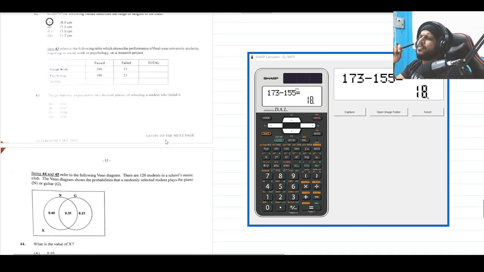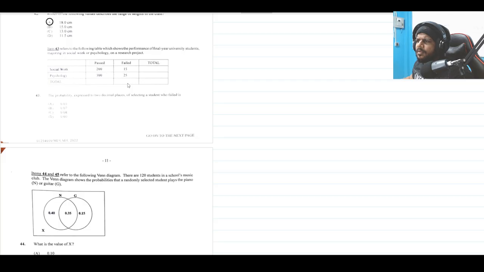Item 43 refers to the following table, which shows the performance of final year university students majoring in social work or psychology on a research project. The probability, expressed to 2 decimal places, of selecting a student who failed is, so 200 pass, 300 failed.